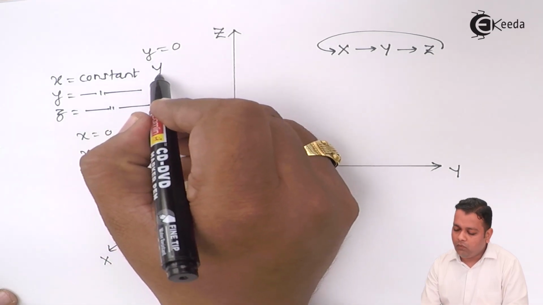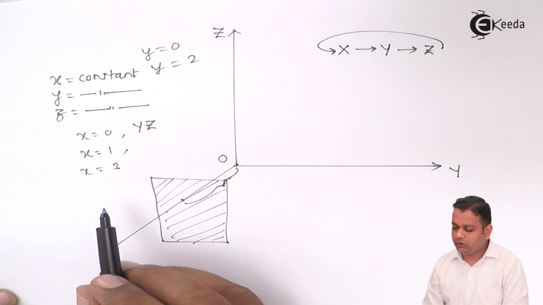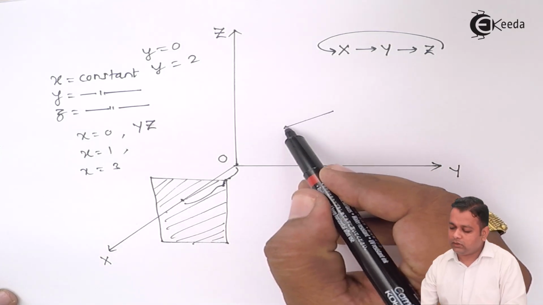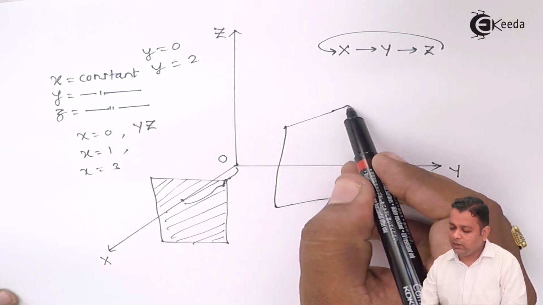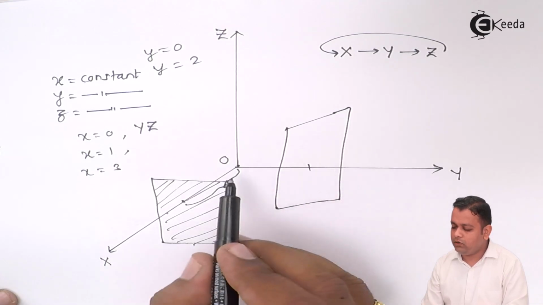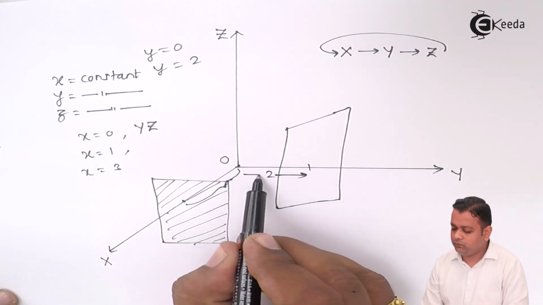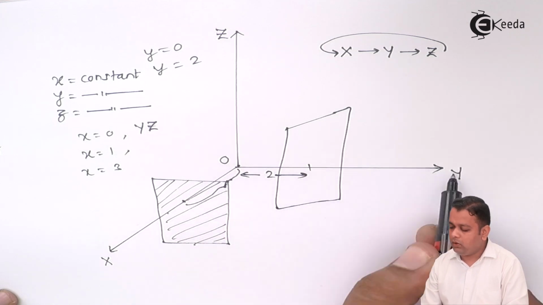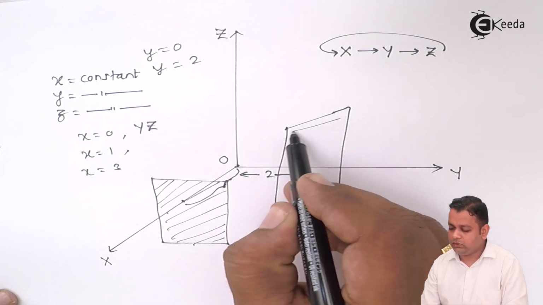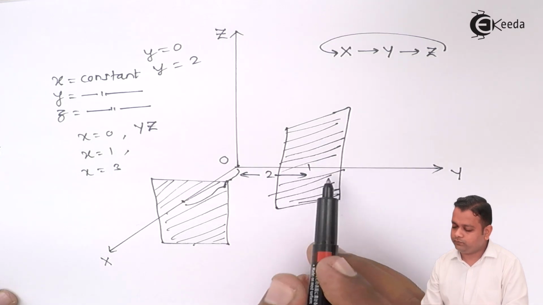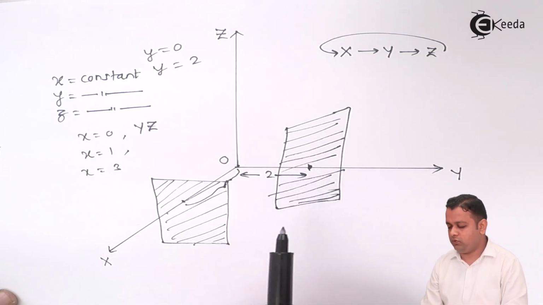If we put y is equal to 2, we have to take such a plane which will intersect the y-axis at 2 units. Suppose this is 2 units from the origin along the y. So this is the plane which will intersect this y-axis at 2.